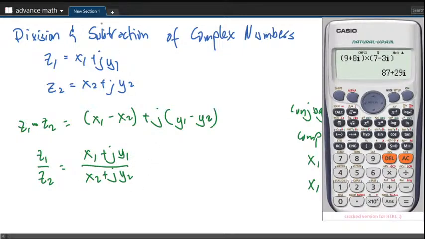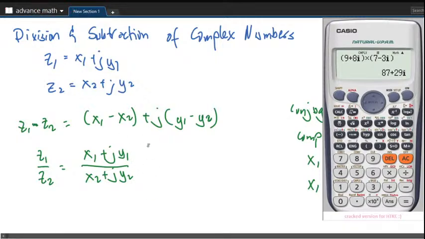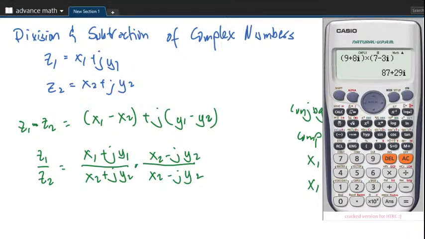So we could write this as multiplied by the conjugate of the denominator, which is x sub 2 minus j y sub 2 over x sub 2 minus j y sub 2.